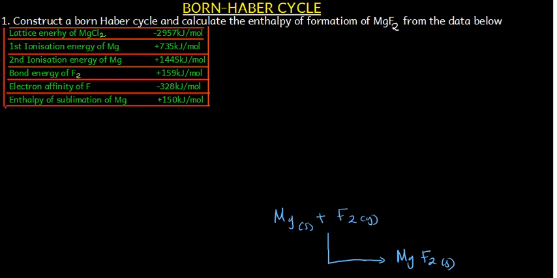Now the energy change for you to form magnesium fluoride from magnesium metal and fluorine gas is called the enthalpy of formation.